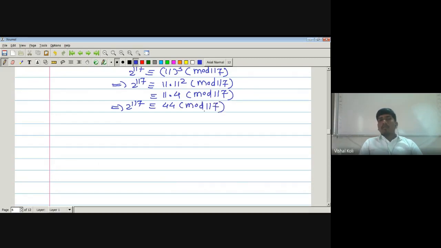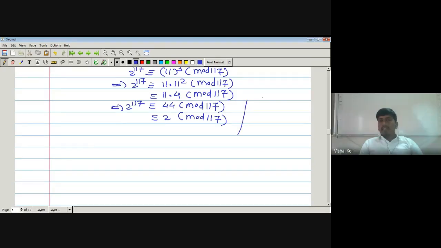Is 44 congruent to 2 modulo 117? No, sir.